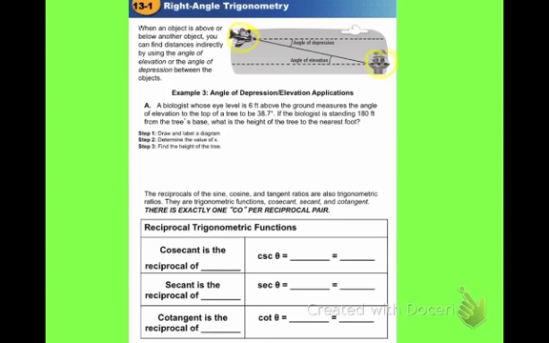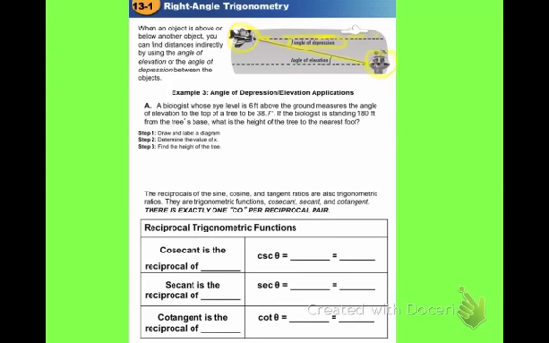If you were in the plane and you were looking out straight ahead, and you decided to look down at the people in the air traffic tower, you would be looking down from a horizontal, and that's called an angle of depression. So looking down is a depression angle from a horizontal.